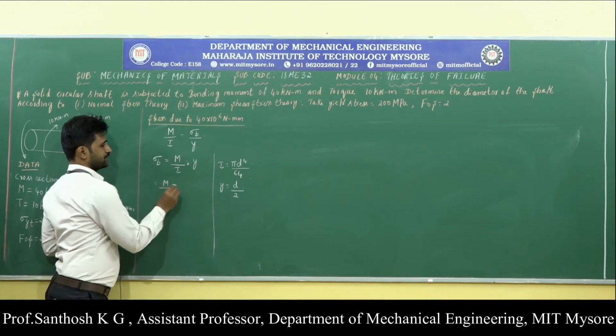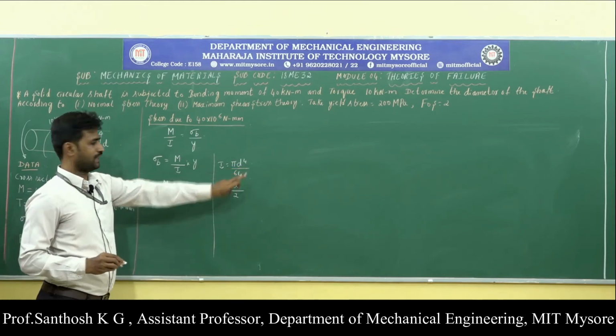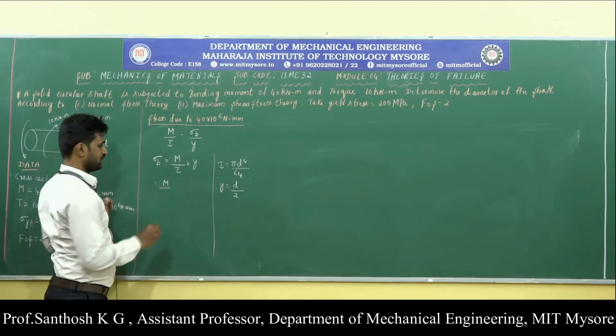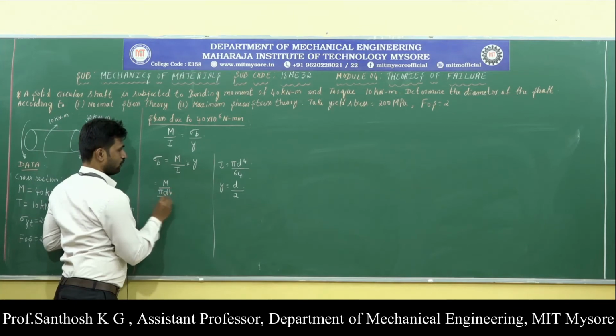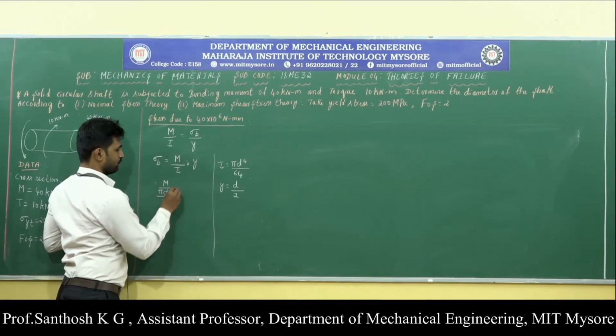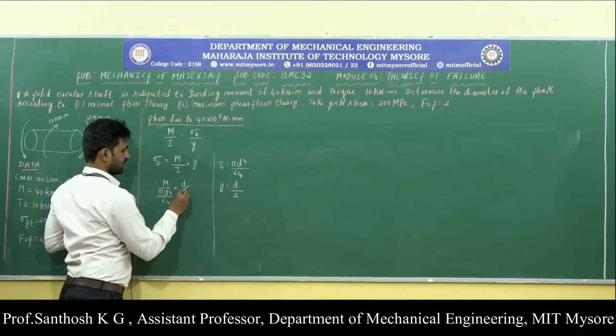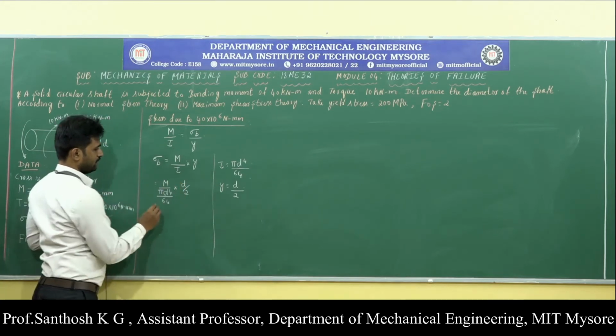By substituting the values of I and Y in this equation, we get M divided by I is pi d to the power of 4 divided by 64 into Y is d divided by 2.